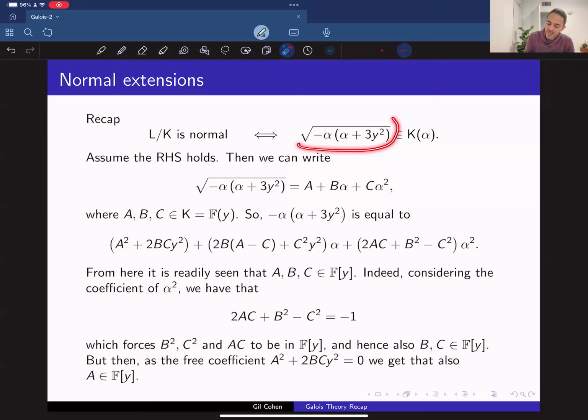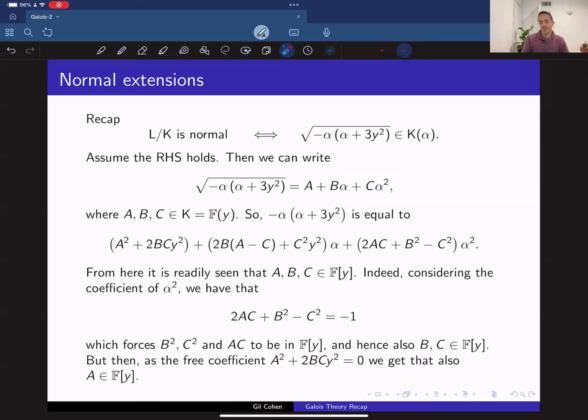So for this square root of these elements to be in K of alpha, what's K of alpha? As a vector space over K, because it's a degree 3 extension, you can write it as some A plus B alpha plus C alpha squared, because 1, alpha and alpha squared are linearly independent over K. So this is a vector space over K of dimension 3 with basis 1, alpha, alpha squared, a basic result.